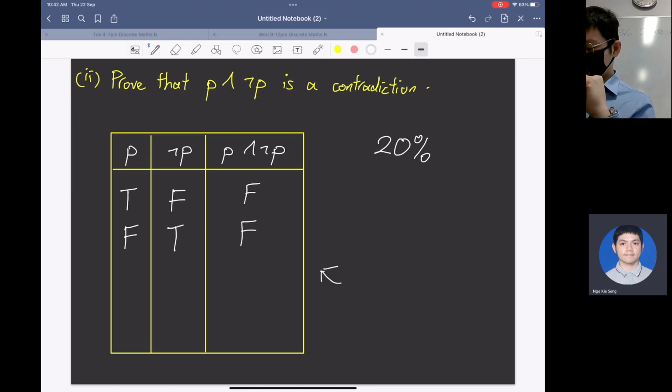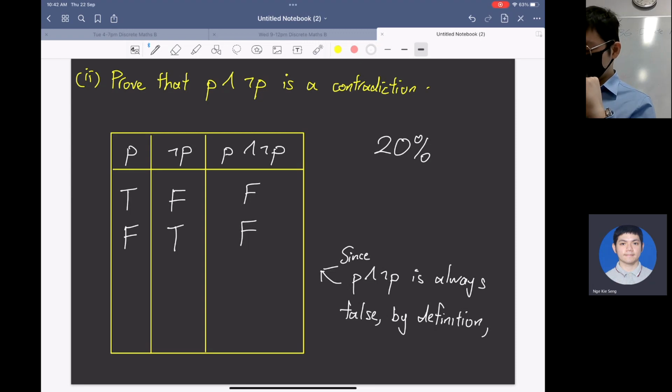Since P and not P is always false, by definition of contradiction, P and not P is a contradiction. Okay, so this is how you prove something is a contradiction or not.